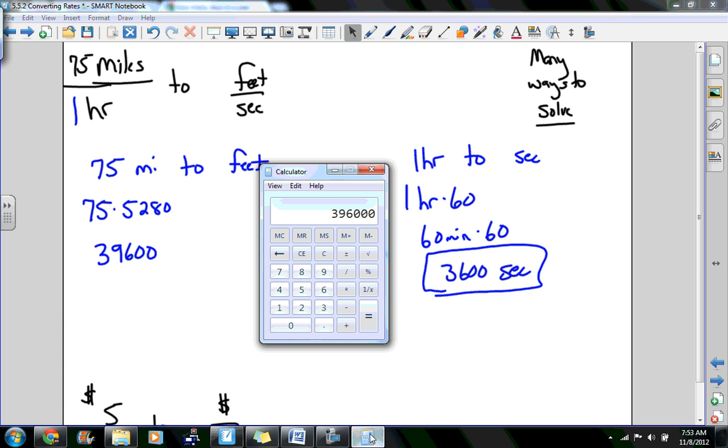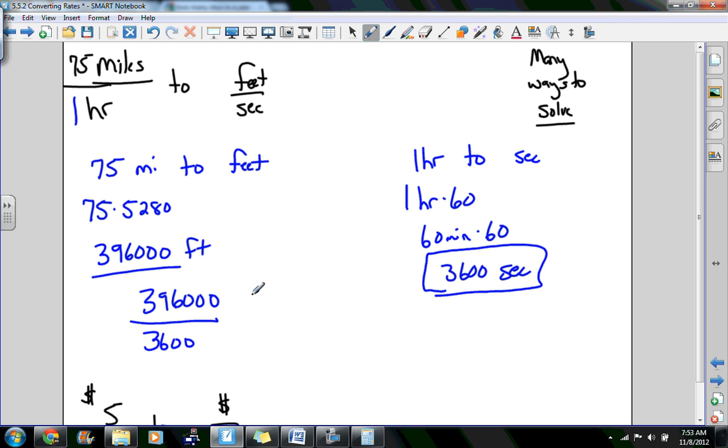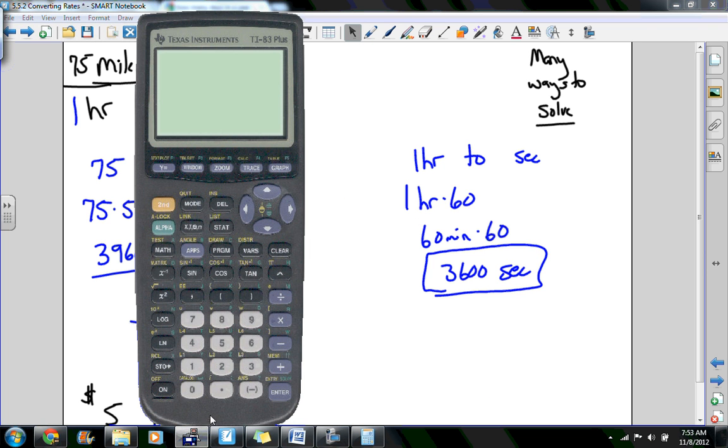Okay. 1 more 0. Okay. So now we have feet over seconds. So we do 396,000 over 3600 feet per second. And so now all we do is we have to convert this into a fraction.